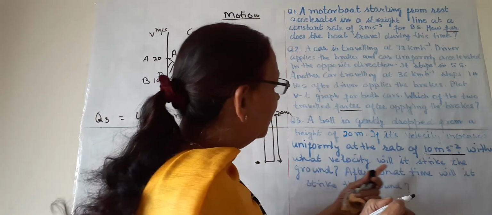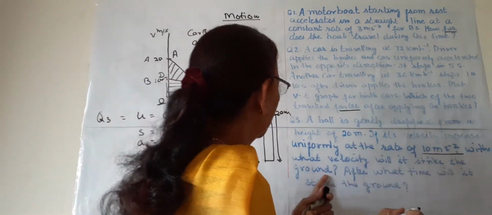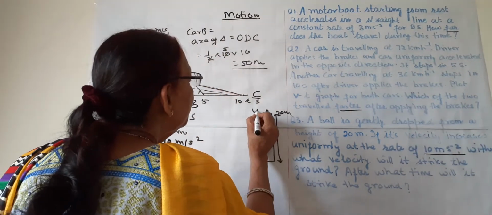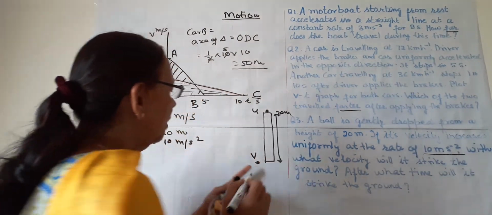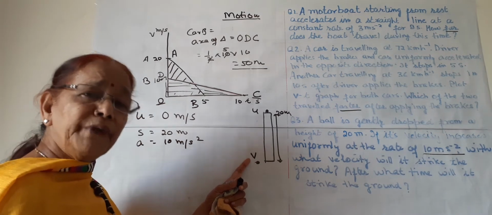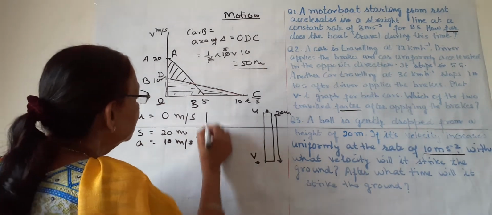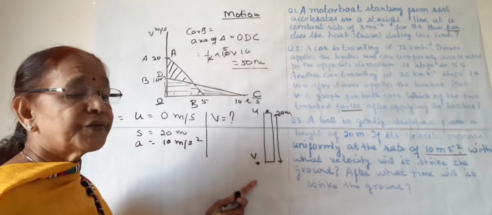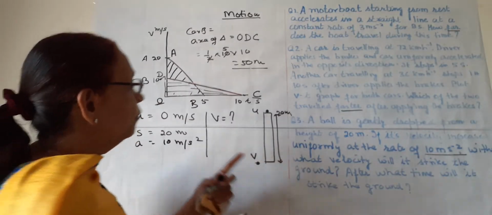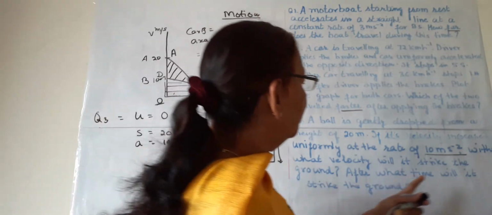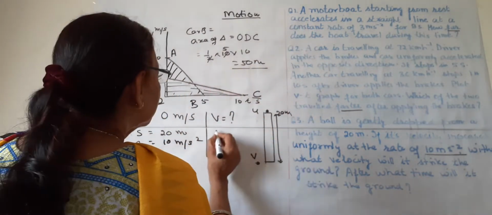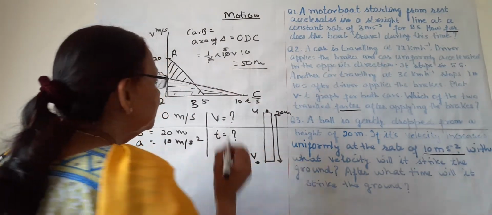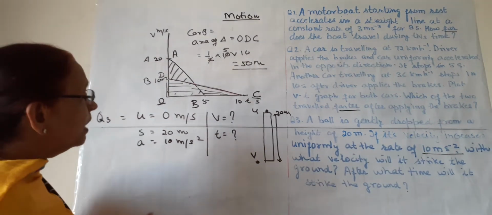With what velocity will it strike the ground? This is u. When it comes to the ground, the velocity will be v. So v is asked. And second, after what time will it strike the ground? That is t. t is also asked.